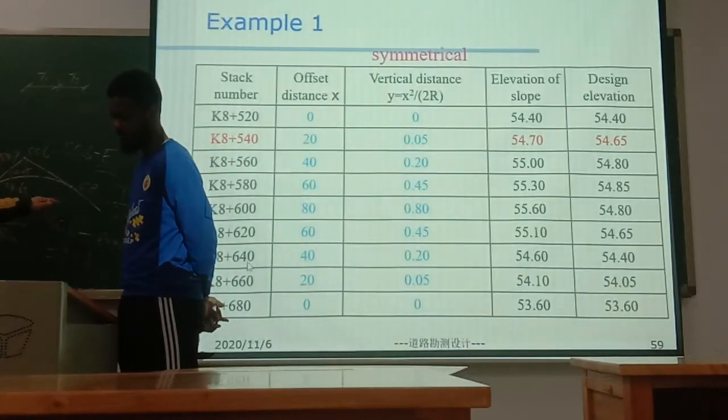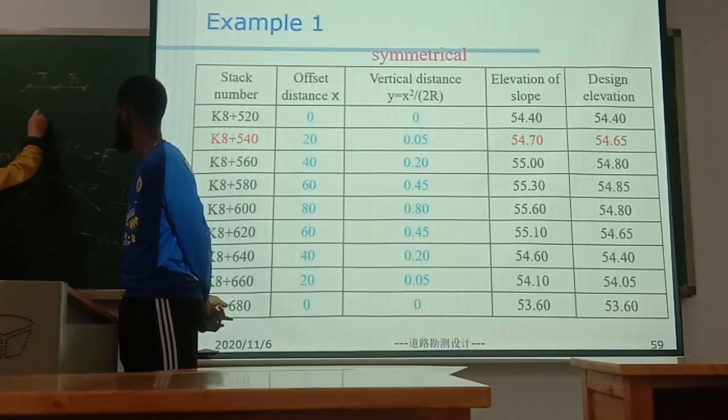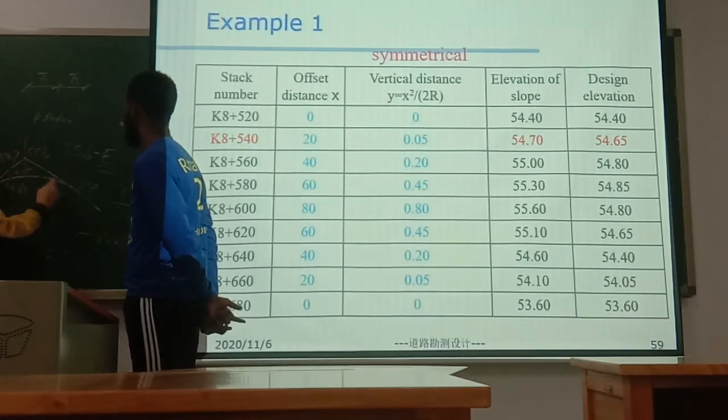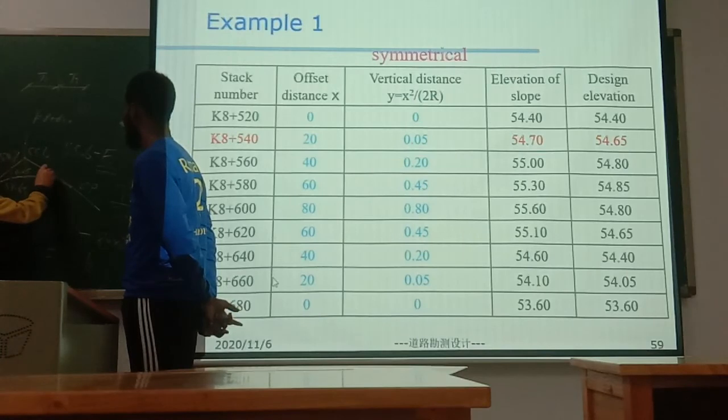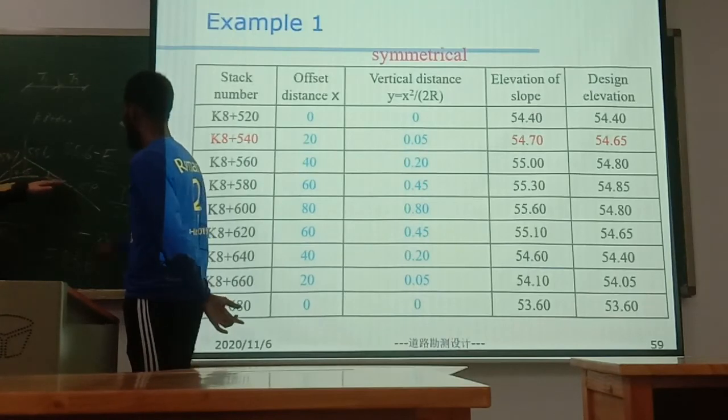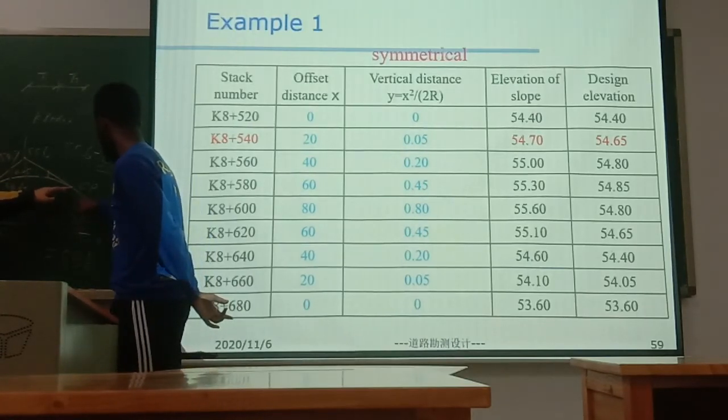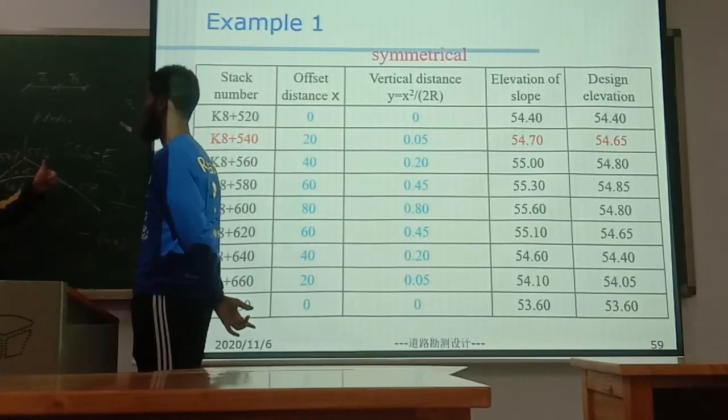If greater than 600, for example, 660 is on this side, on the right side. So for this situation, how to calculate? Use this one, multiply, plus 20 times 20. Yes. And this. Okay.